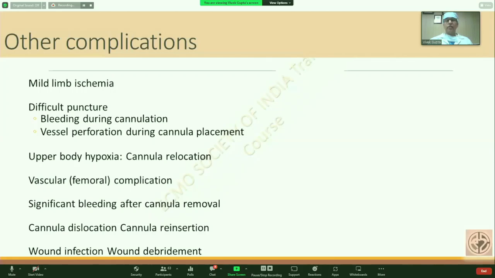So we convert, as Dr. Pranay Oja was talking about, to VAV ECMO. So we have to switch over to the hybrid ECMO. There can be risk of vascular complications, significant bleeding when we remove the cannula, or sometimes the cannula is dislodged or dislocated, and there is always a risk of wound infection.